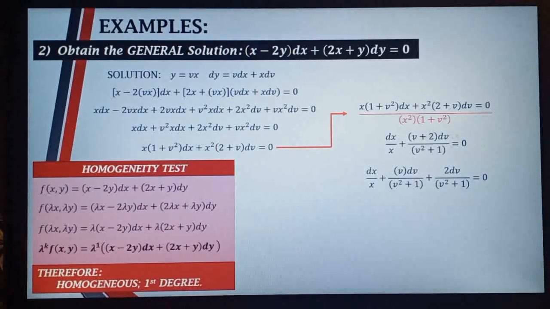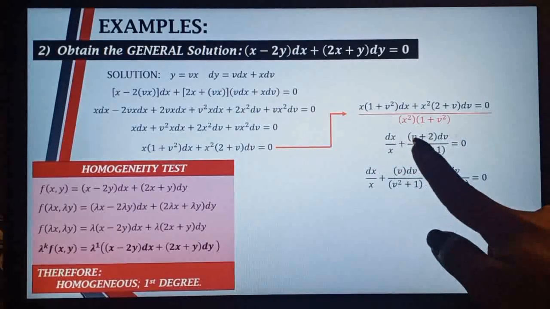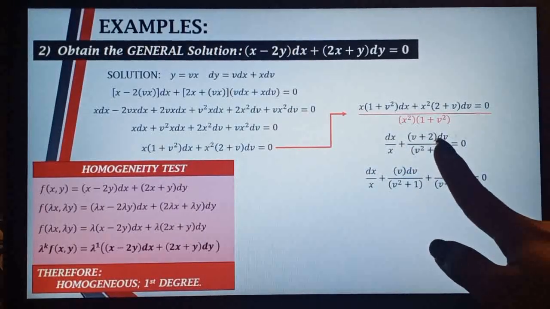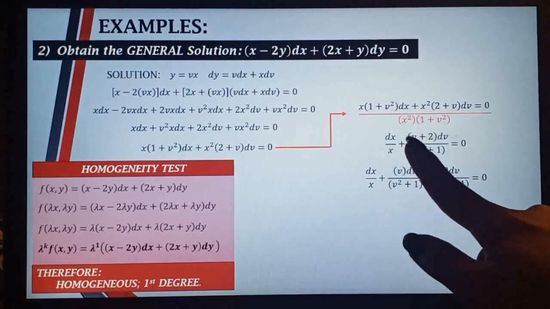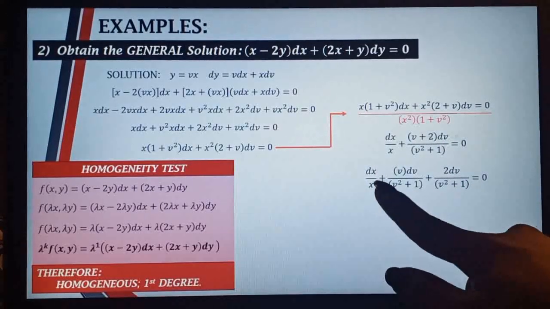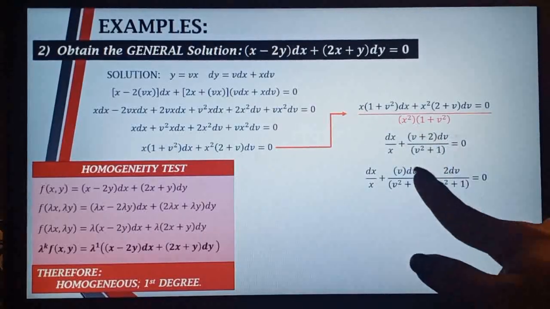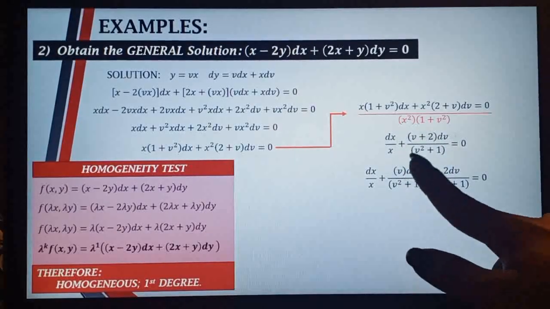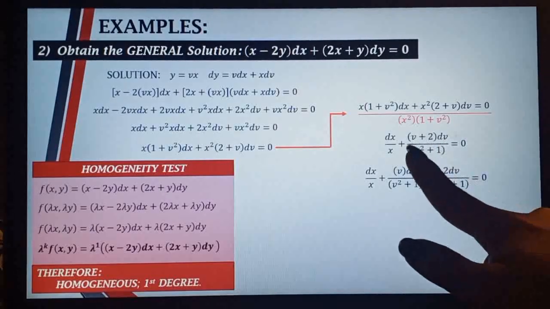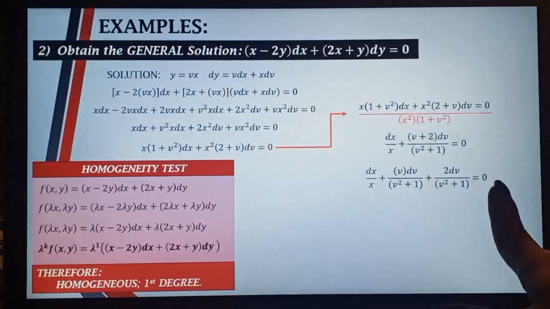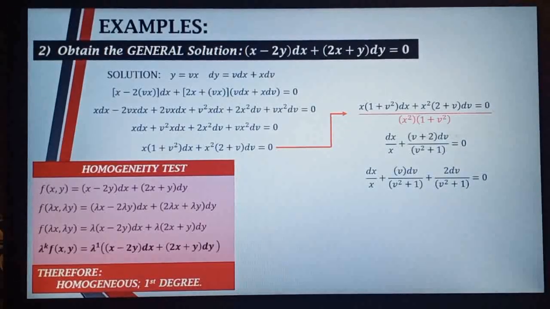Next, so yung v plus 2, pwede natin siyang paghiwalayin but having the same denominator. So you will have dx over x plus yung v divided by v squared plus 1 dv. Then the second term is 2 dv having the same denominator, which is v squared plus 1, then equated to 0 para mas madali siyang i-integrate.